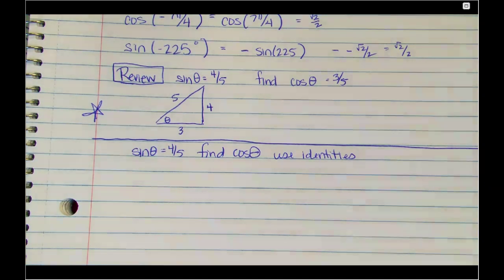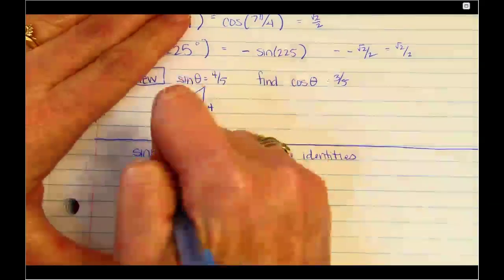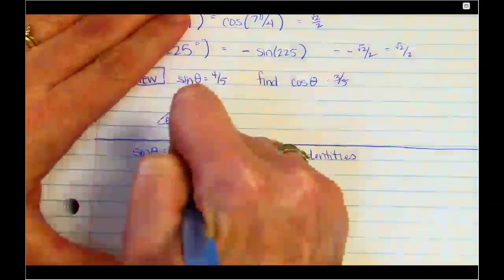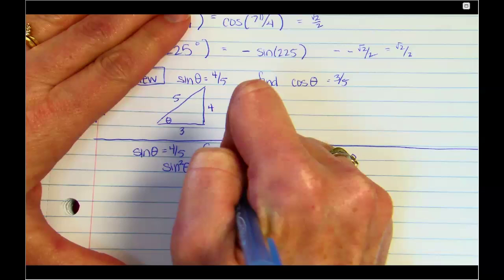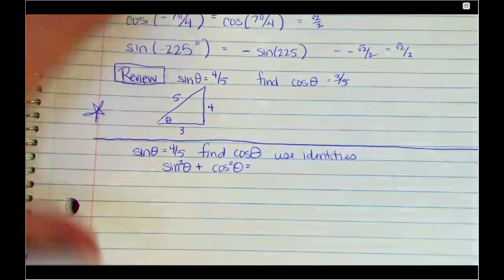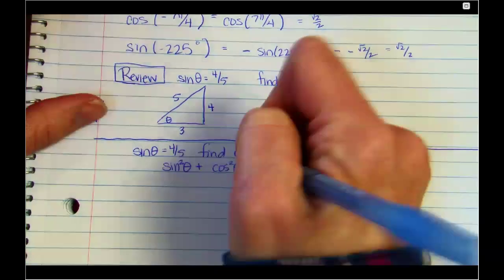Okay, so there's one of these identities that you have that relates sine and cosine. That relates only sine and cosine, and it's the big dog. Okay, big dog says that sine squared plus cosine squared is equal to what? 1.